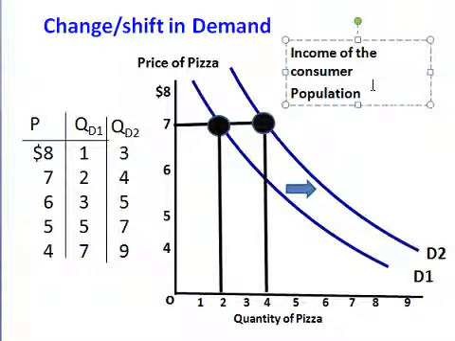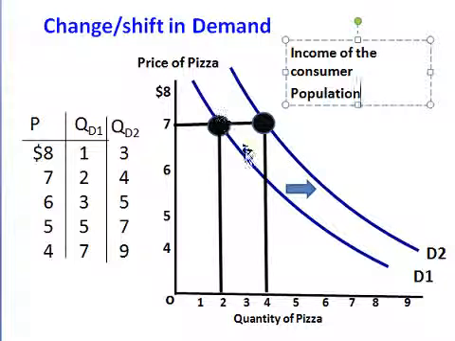Okay, second factor I can say is population, right? Population, they like pizza. Suppose the number of population goes up. Suppose for the time being many people come here, and as a result, suppose we are here, many people come here, that means population size goes up.